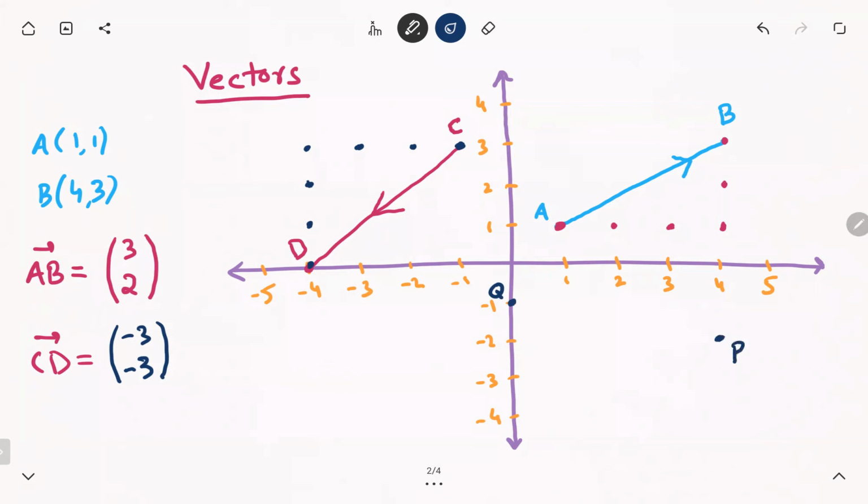Your Q is 0, -1 and P is 4, -2. Just join the points P and Q.